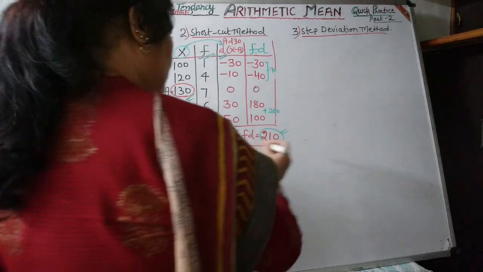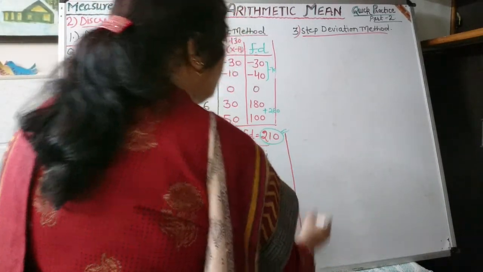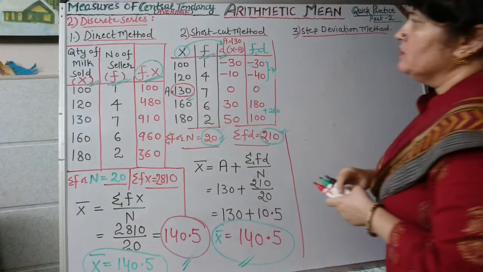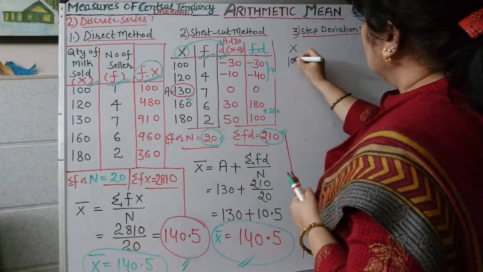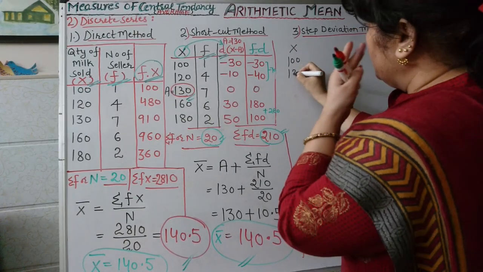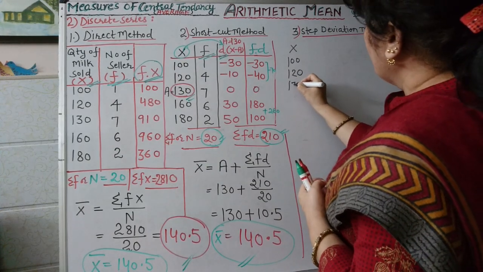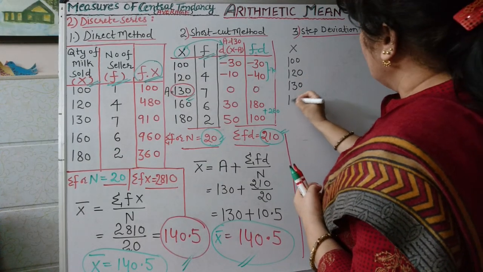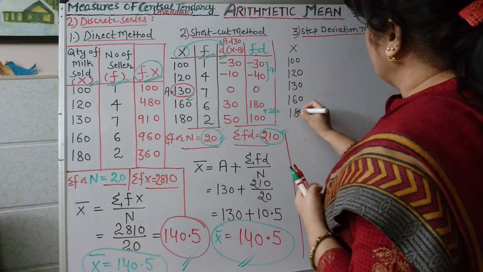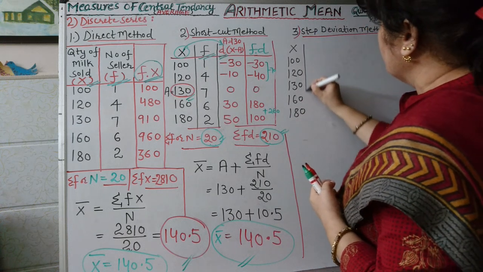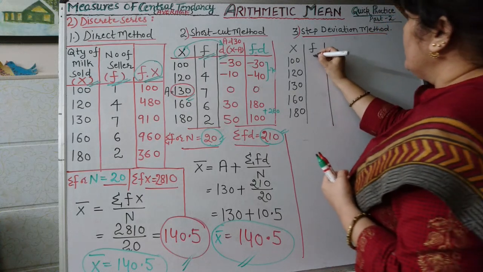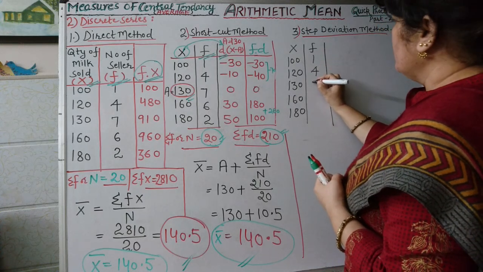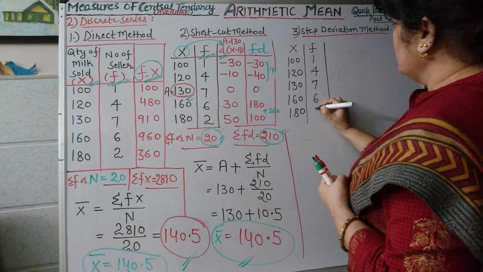And now for the calculation by third, step deviation method, I am taking the same values. The values of x are 100, 120, 130, 160, 180, and the values of f are 1, 4, 7, 6, 2.